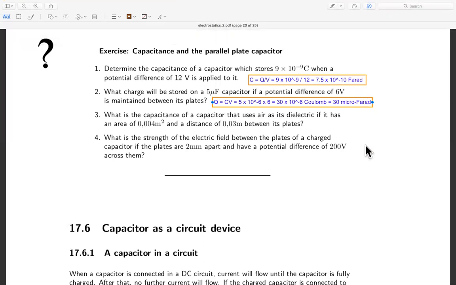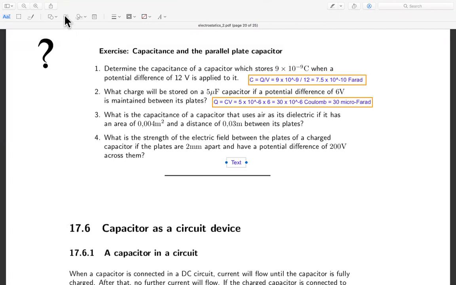Okay, we have around two more. Number three, what is the capacitance of a capacitor that uses an air dielectric, with area 0.04 and distance 0.03?